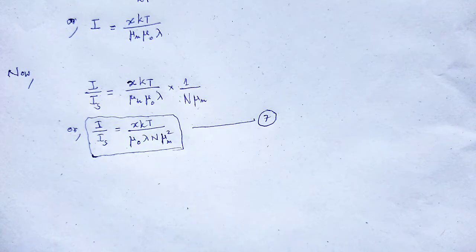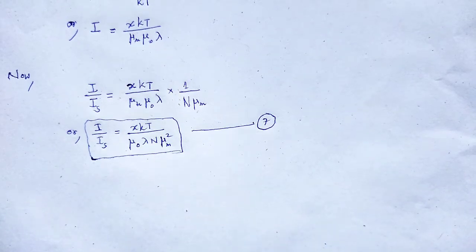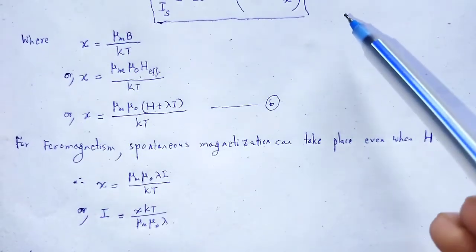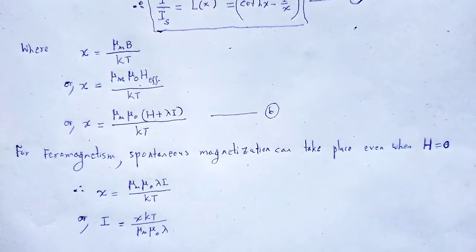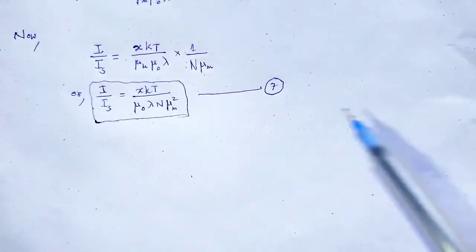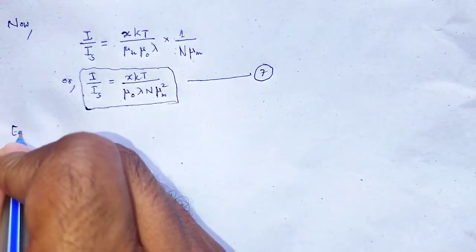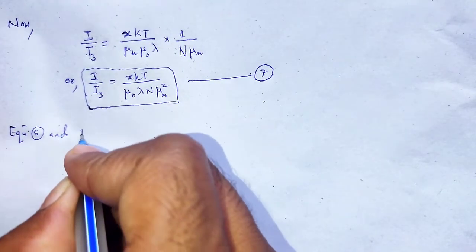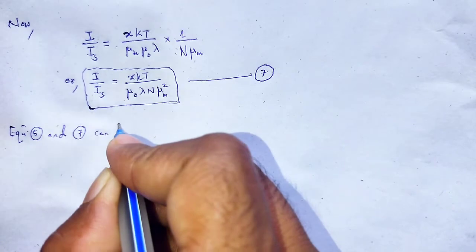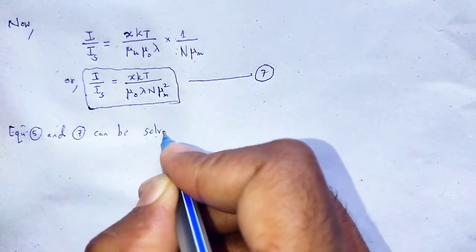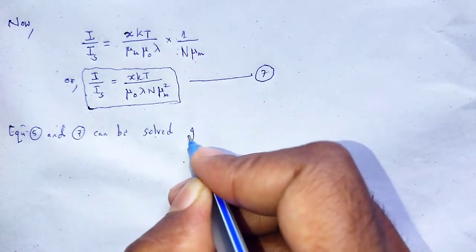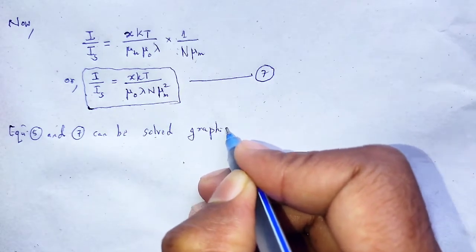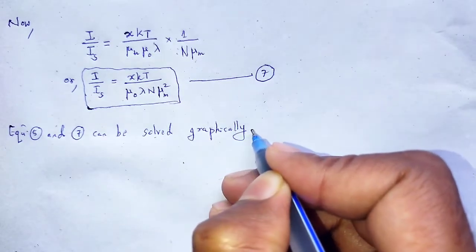These two equations, 5 and 7, can be solved graphically.